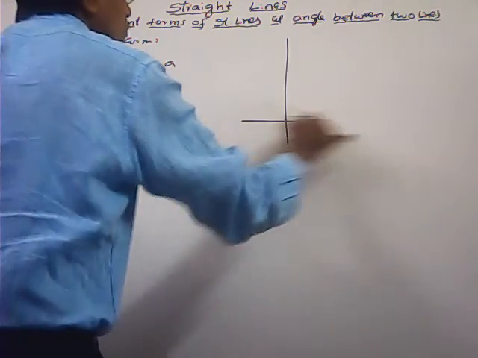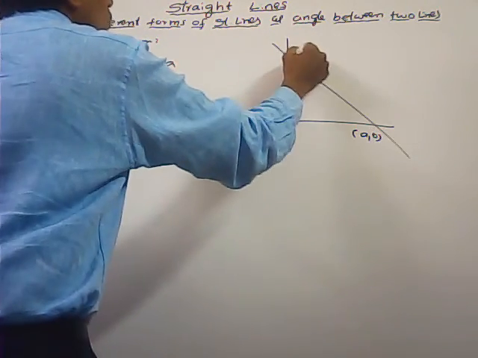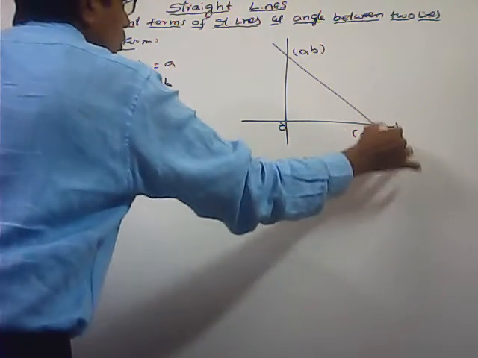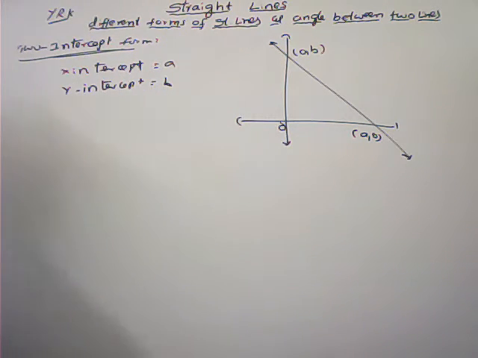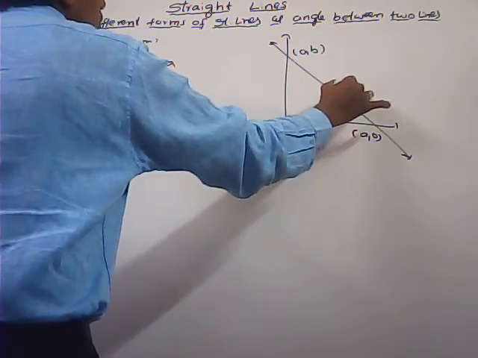X-intercept a means the line cuts the x-axis at (a, 0), and y-intercept b means the line cuts the y-axis at (0, b). Now in this condition, how to find the equation of the line? 2 points are given. Here I am taking the variable point (x, y).